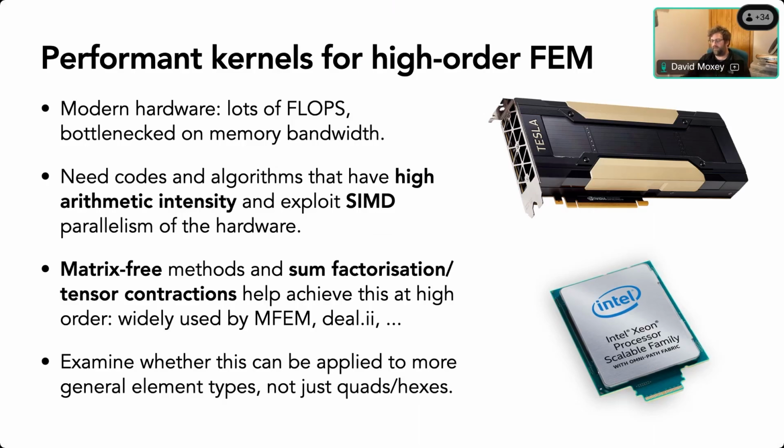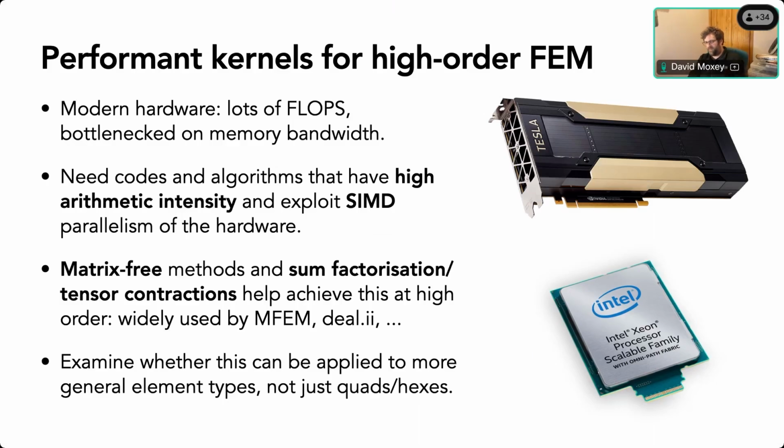And it really relies on this concept of matrix-free methods, where we're not actually forming a big global system for these matrices we're solving. We're just evaluating that action on an element by element basis. And we're using some factorization and tensor contraction, depending on how you want to call this, in order to take the very large amount of flops that you would perform to do this, and reduce that down to something that's more manageable and allows us to sit in the performance range on this hardware.